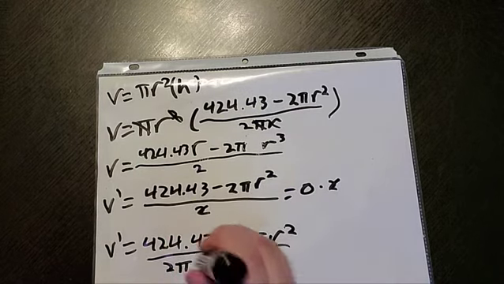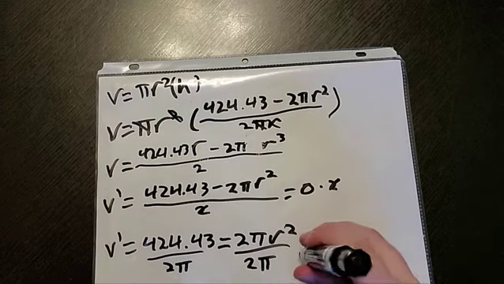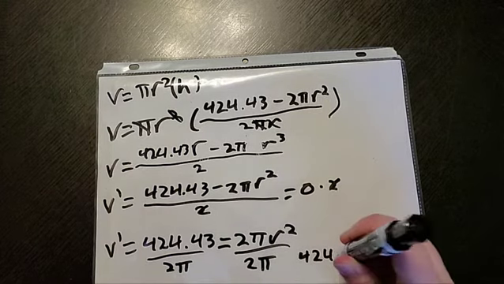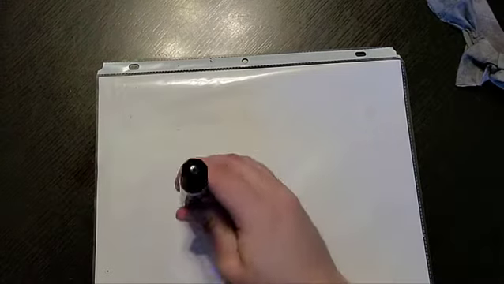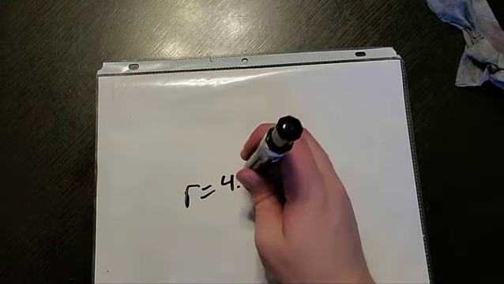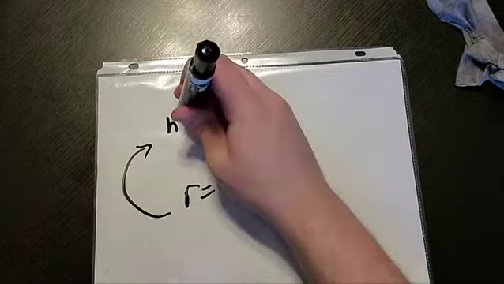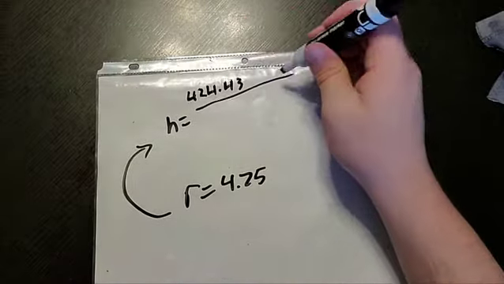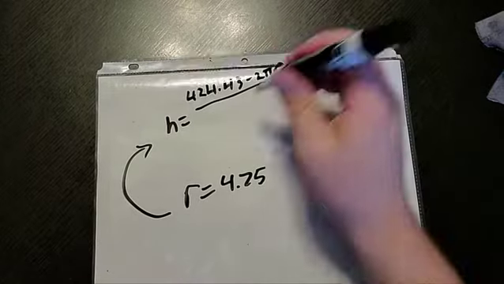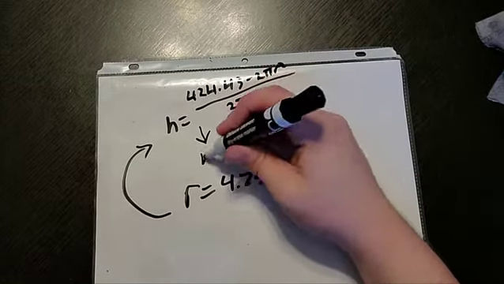After that, you can divide by 2 pi and take the square root. Once you solve for radius, and I got 4.75, you can plug that right back into your height equation to figure out height, which, as you'll see in a second, I got 9.47 centimeters.